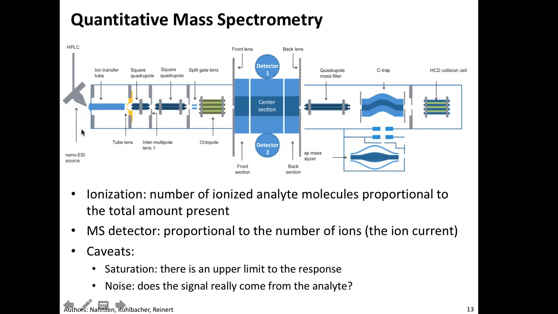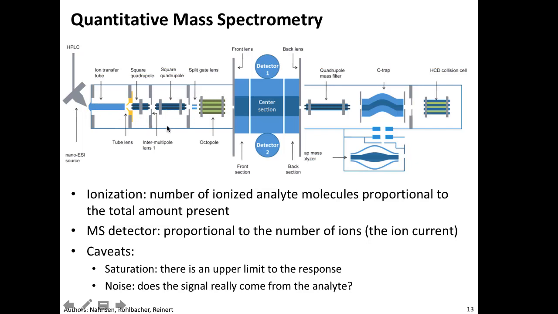Now this spray is also not entering the mass spec 100%. Only a small fraction of the spray is actually getting sucked into the vacuum. So you're losing lots of material there. Then you see we have complex ion optics.